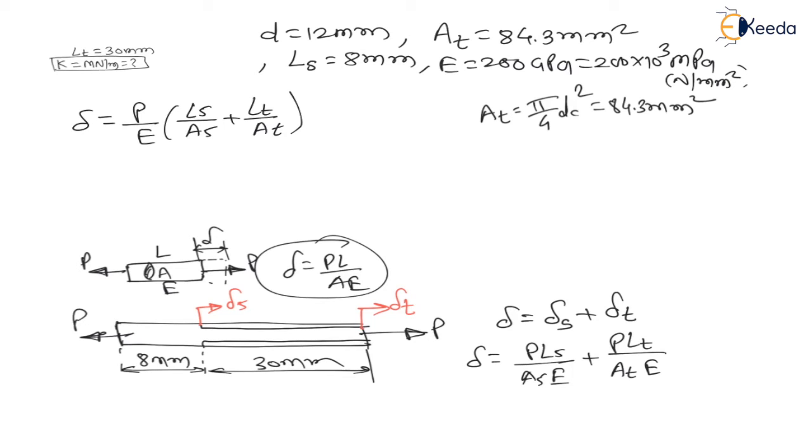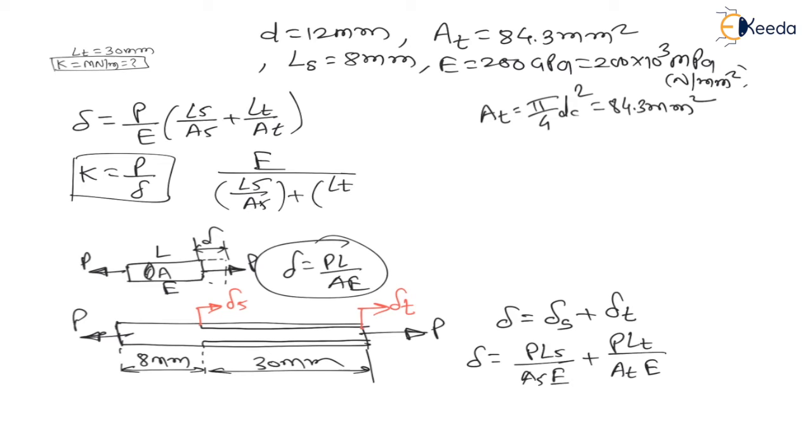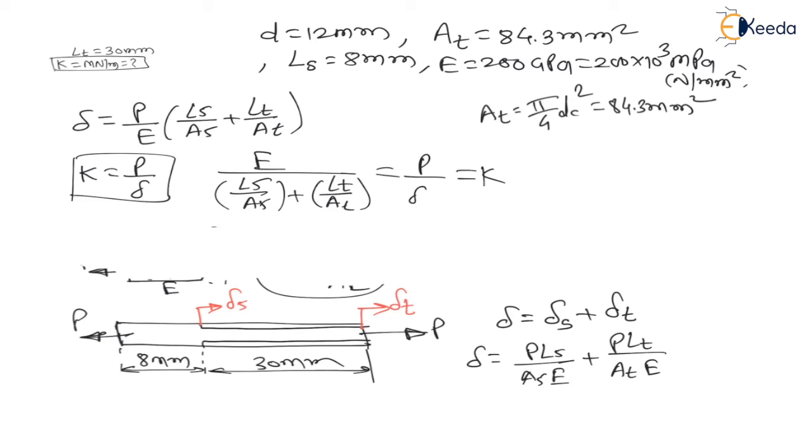And my dear students, we know that stiffness is nothing but force divided by deformation. Therefore, E divided by LS divided by AS plus LT divided by AT is equal to force divided by deformation, which is nothing but stiffness. So if I want to find stiffness, we have to put values.